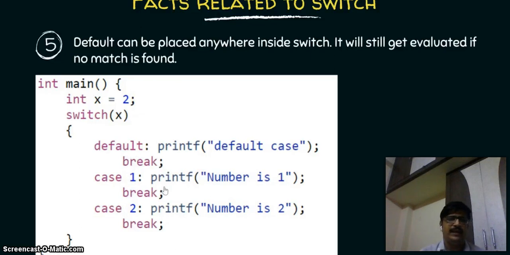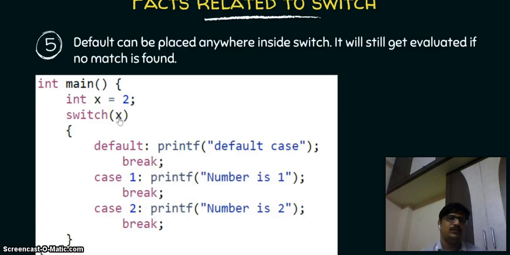It can be placed anywhere, even in the middle. It can be last, first, anywhere. But it will always get evaluated after checking all the cases. If no case is matching, then only it will go to the default.